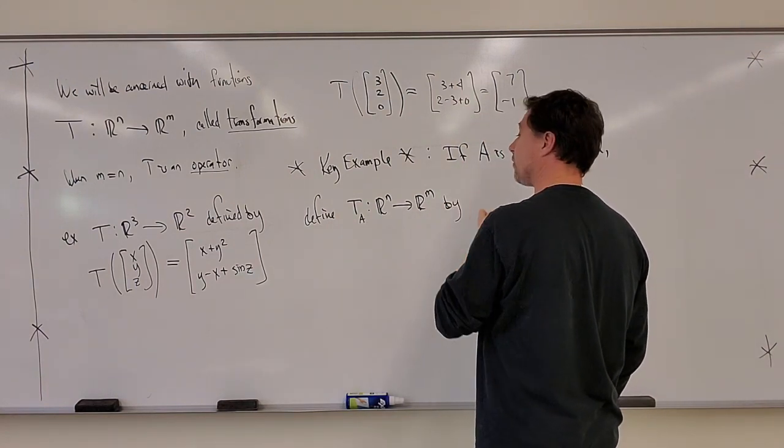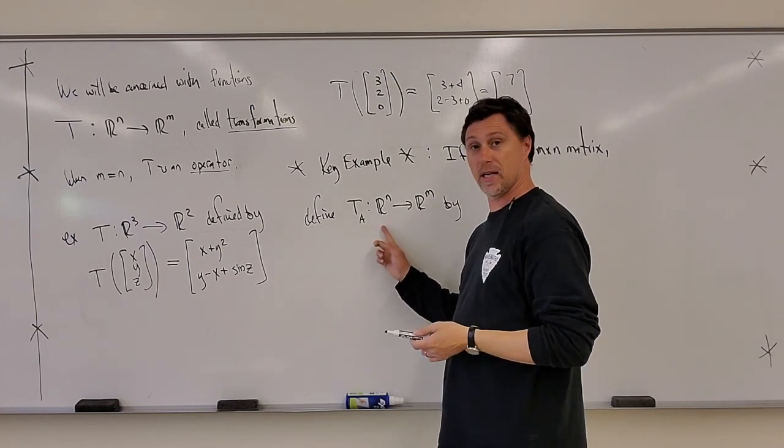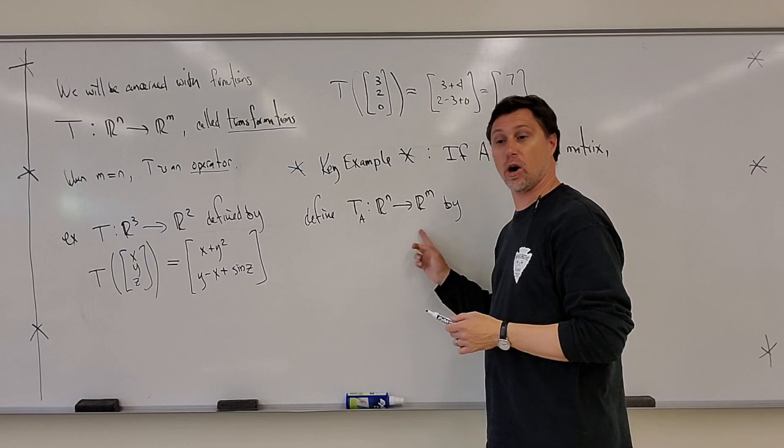Now I need to tell you the formula. T sub A, that's the name of the function. Its domain is Rn, its codomain is Rm.